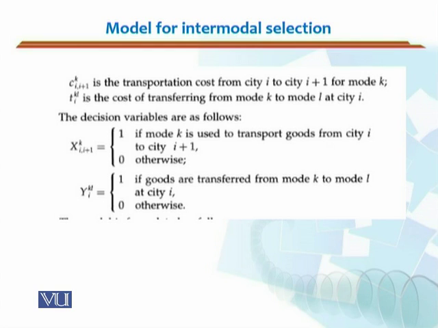So if you change the mode of transportation, then x would be 1, and if goods are transferred from that mode to the other mode, then y would also be 1. Otherwise, both would be 0. So that means this model would be applicable when you have intramodal services as well, because in case of intramodal transportation, your y would be 0.